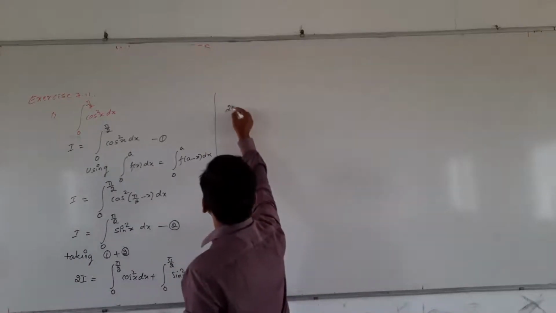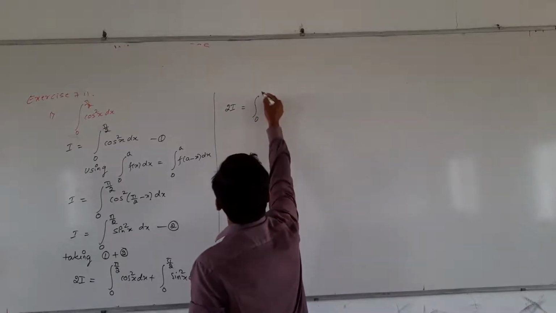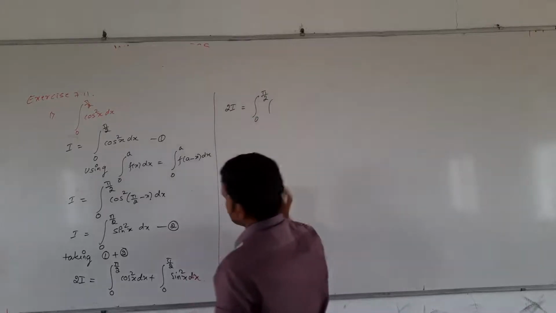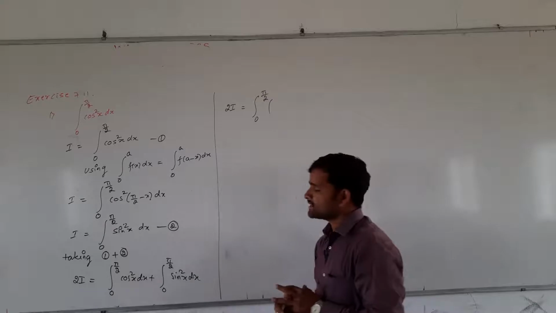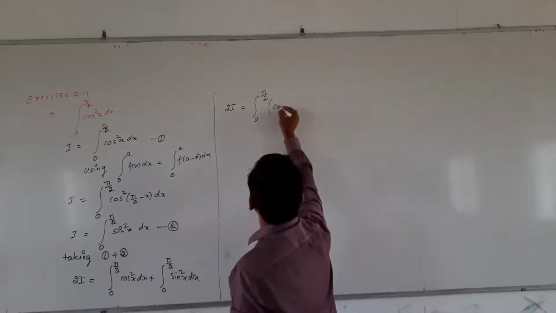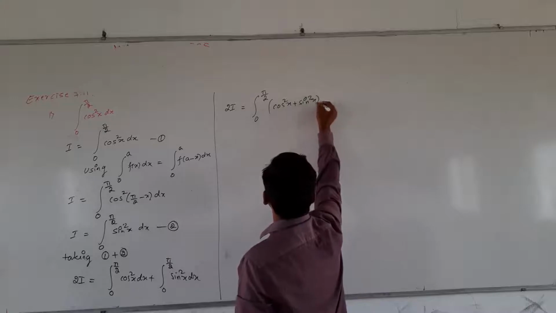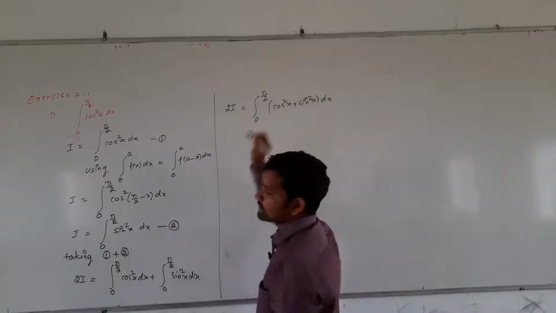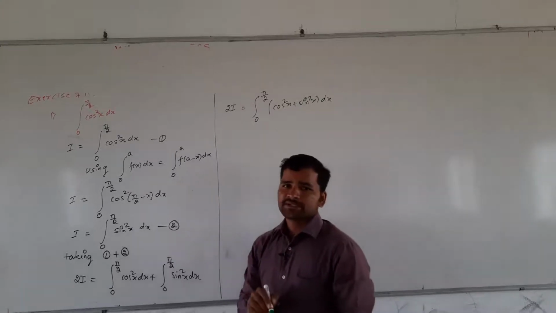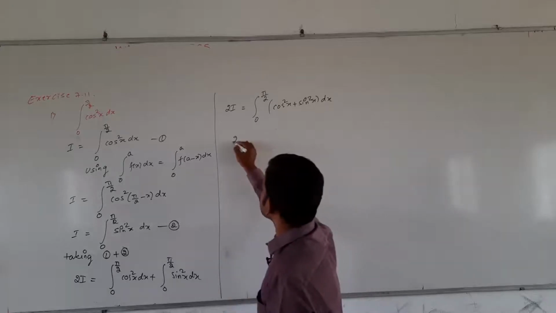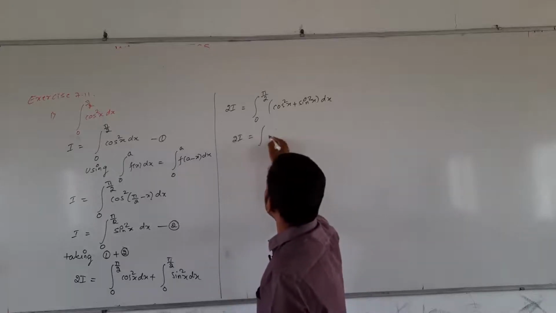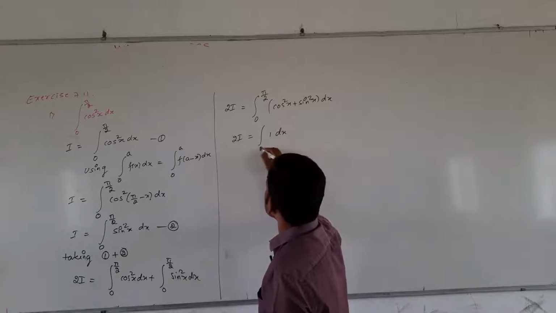Then we have 2I is equal to integral from 0 to pi by 2, writing it as a single integral, cos square x plus sin square x into dx. We know the formula cos square theta plus sin square theta is equal to 1. Yes, we have 2I is equal to integration of 1 with respect to x from 0 to pi by 2.